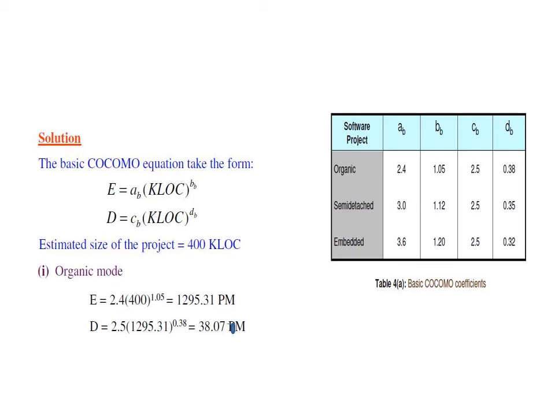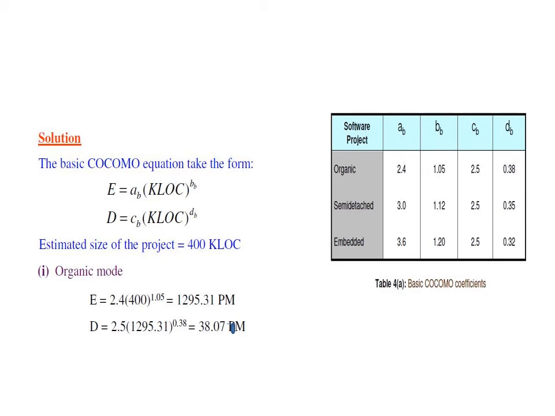Since first we are estimating the effort and duration for the organic mode, the coefficients a and b are 2.4 and 1.05 to estimate the effort. So it is 2.4 into 400 raised to 1.05, and we will get the effort as 1295.31 person months.